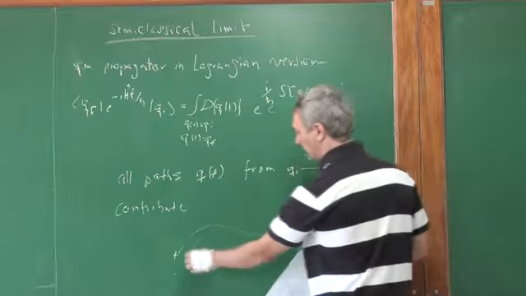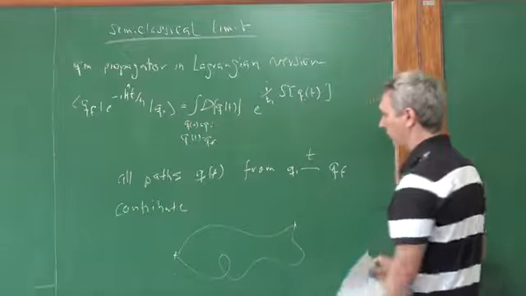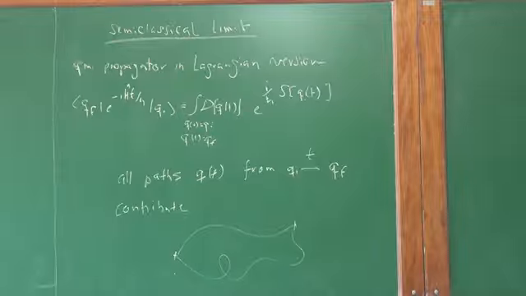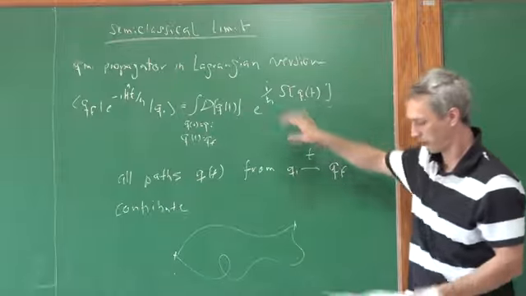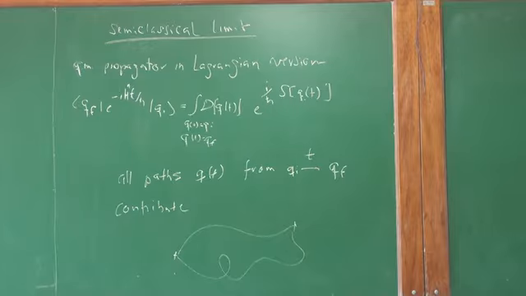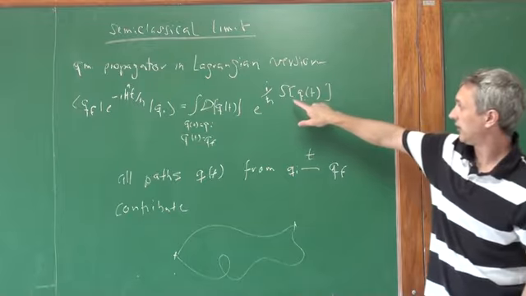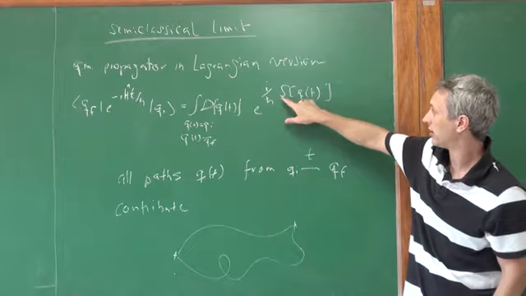But then there will also be very strange paths, which do not look like paths that you would expect thinking about the problem classically, but what the propagator tells us is that all of these paths actually contribute.